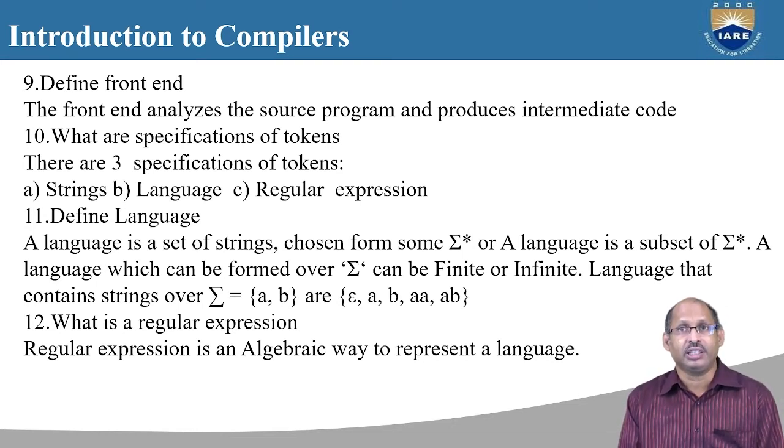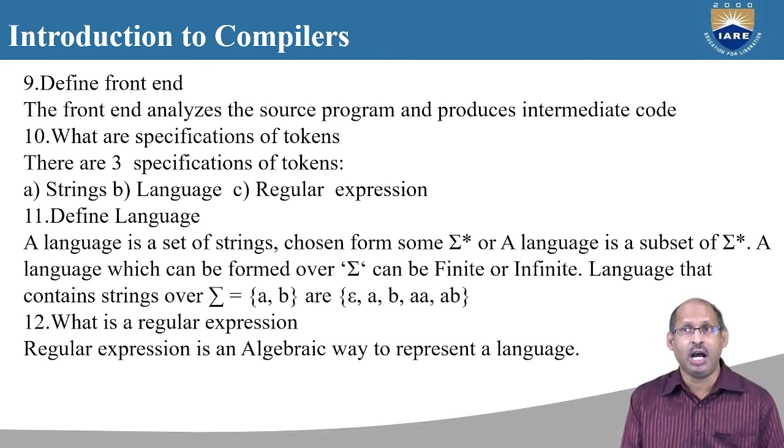Then, what are the specifications of a token? There are 3 specifications: strings, languages, and regular expressions. Define language. A language is a set of strings on a certain alphabet.